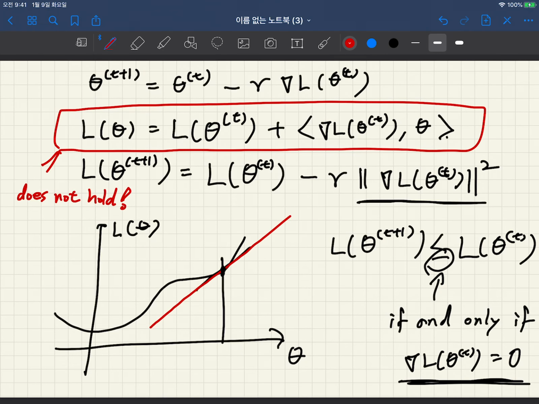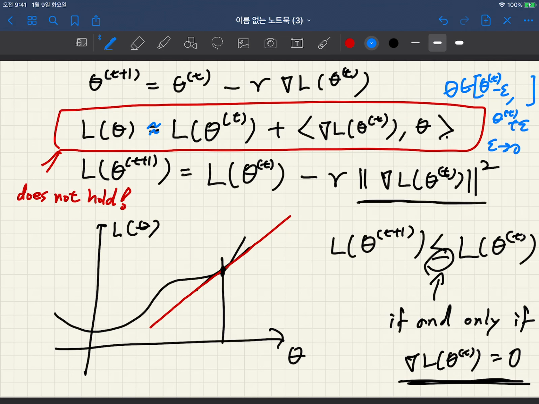This approximately holds for theta in a very tiny area, from theta t minus epsilon to theta t plus epsilon, with epsilon very small.